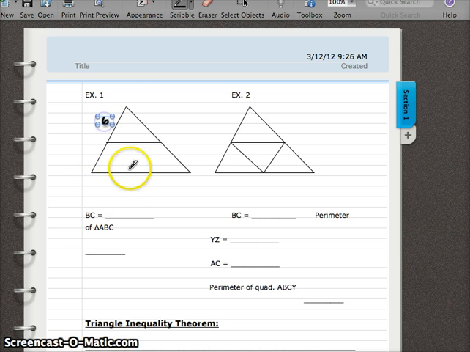If I know that this segment is 6, this segment is 8, and if I know that these two segments are equal, well then this one is 6 as well, which makes the scale factor 6 over 12, which is 1/2. So that part's true. Say we know that's 8, and it's equal to this one, so that must be 8.